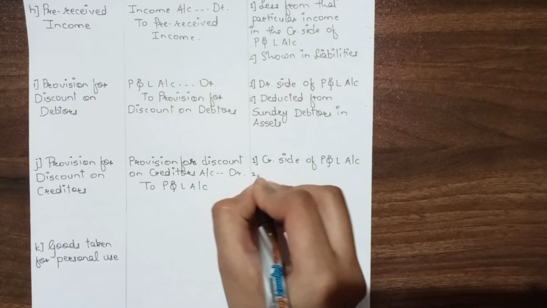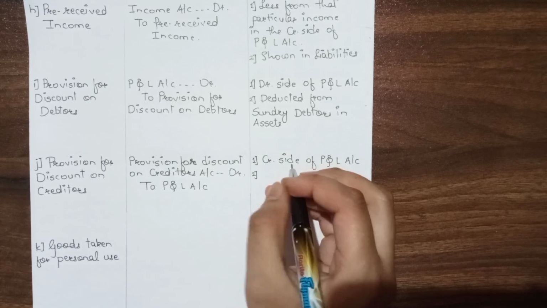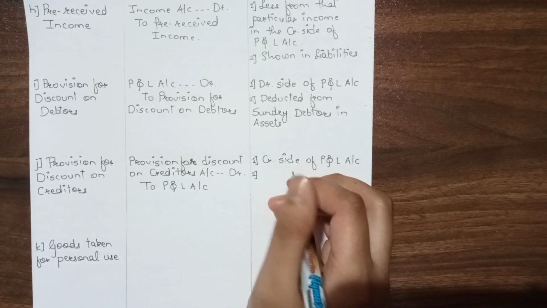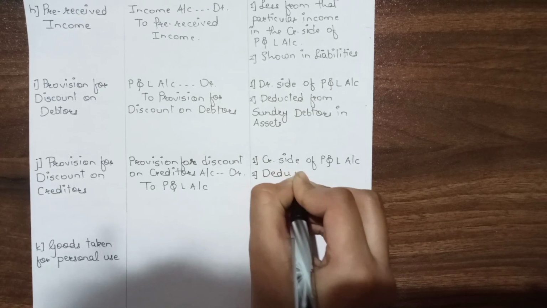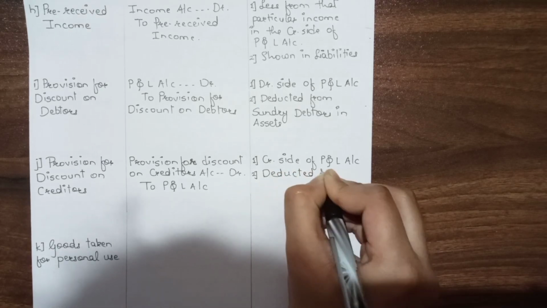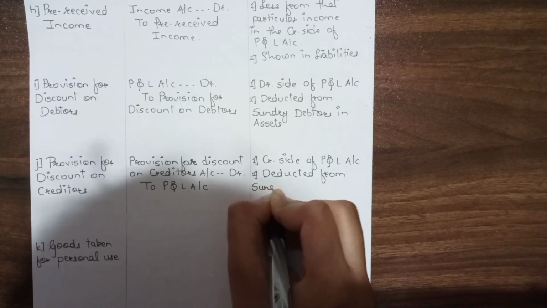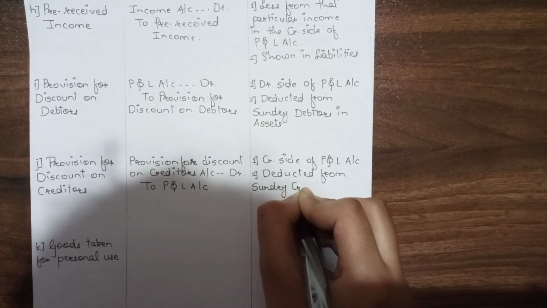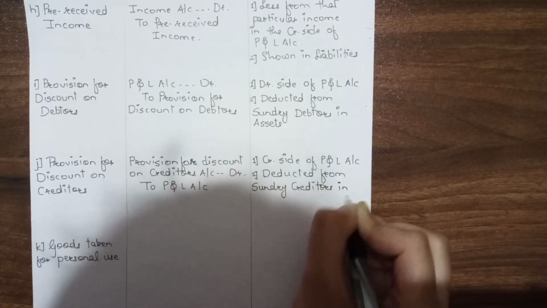And the second effect will be deducted from sundry creditors in liabilities.